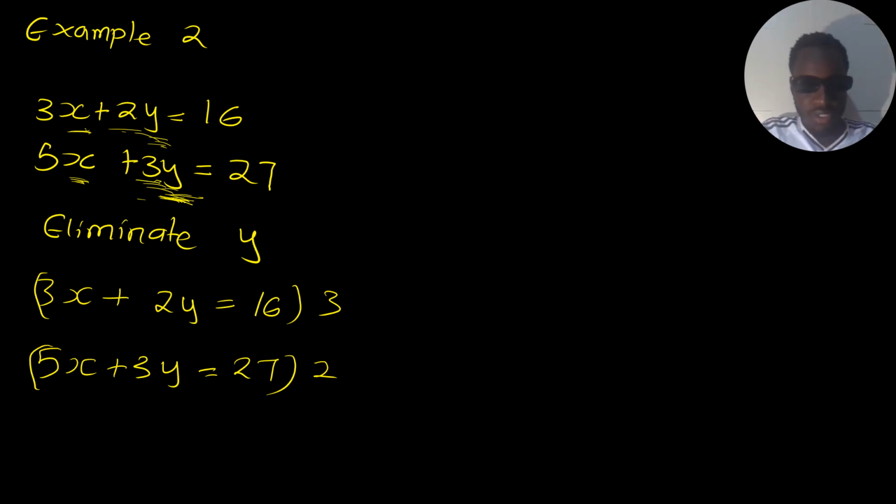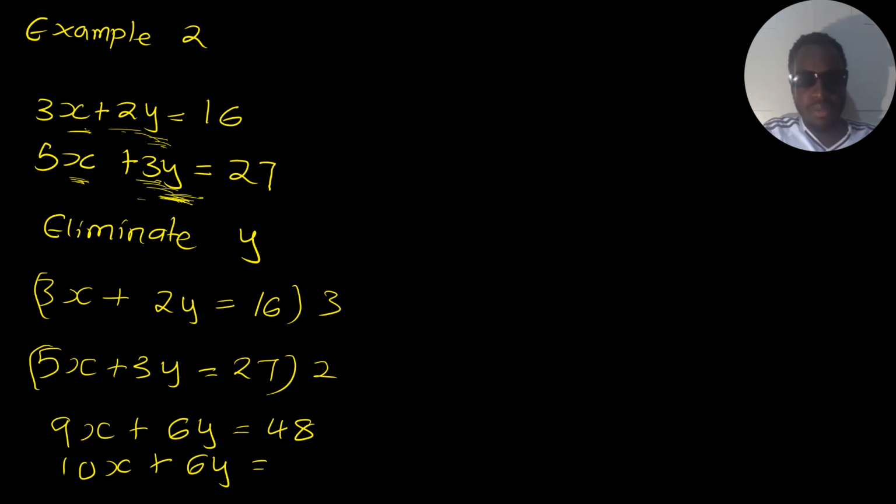So our first equation will be 3 times 3, that is 9x, plus 3 times 2y, that is 6y, is equal to 48. And then 2 times 5 is 10x, then 2 times 3y, that is 6y, then 2 times 27, that is 54.